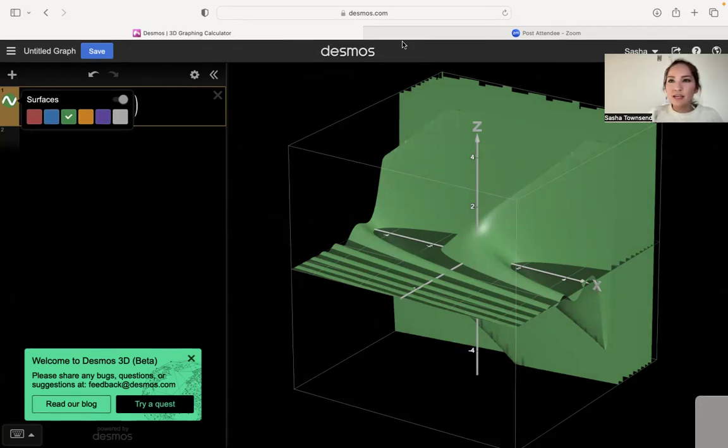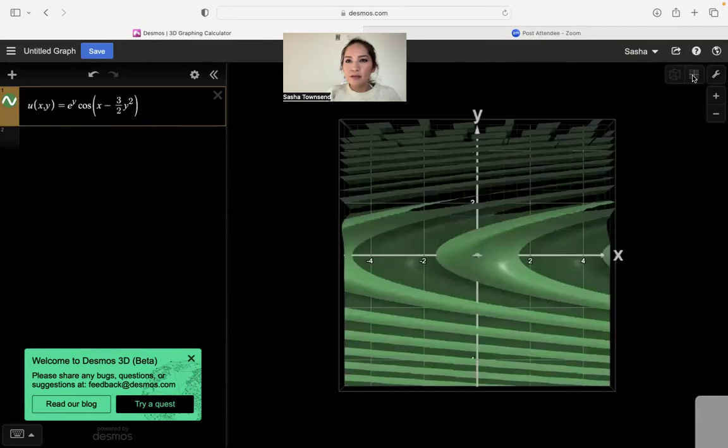Now, if you look at it from the top, you can see those characteristics. It's where x is equal to 3/2 t squared, those parabolas that I was talking about. That's where our cosine function is going to be equal to a constant. Now, u is not equal to a constant because we end up multiplying by the e to the t, which in this case is represented by e to the y.